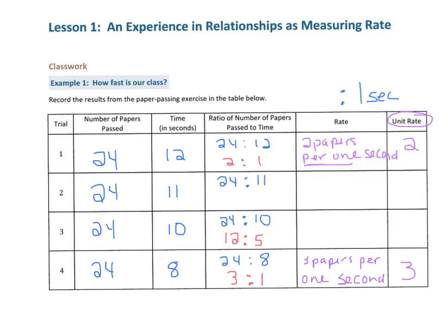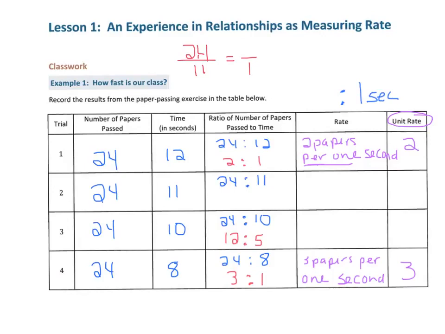So I think of it like, and I'm going to write it up here, I think of it like a fraction, 24 over 11, and we want to change it to the per 1.